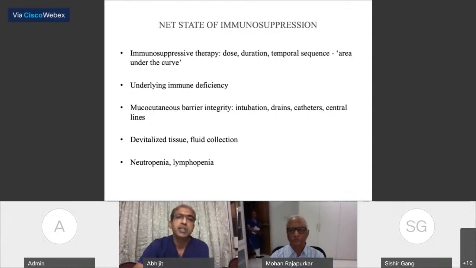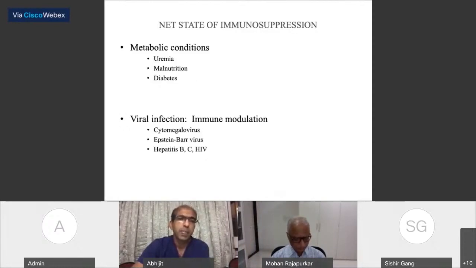Presence of devitalized tissue and fluid collections, which our urology colleagues alluded to earlier, and the presence of neutropenia and lymphopenia. Underlying metabolic conditions like uremia, malnutrition, and diabetes promote and perpetuate this net state of immunosuppression. And viral infections themselves lead to immunomodulation, like cytomegalovirus, Epstein-Barr, Hep B, C, and HIV, which may promote rejections.